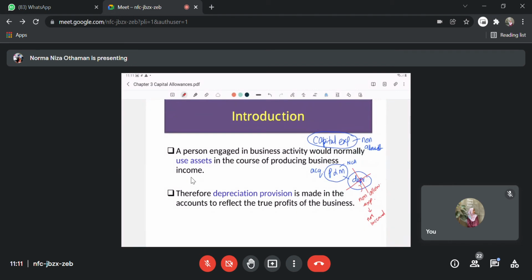Okay, because of the depreciation is non-allowable and then capital expenditure also non-allowable. So untuk tujuan cukai kita bagi penolakan, tapi dalam bentuk depreciation ni dia gantikan dengan capital allowance.